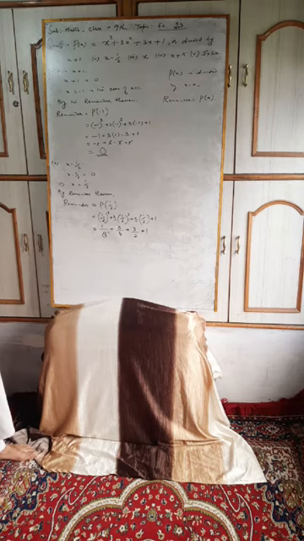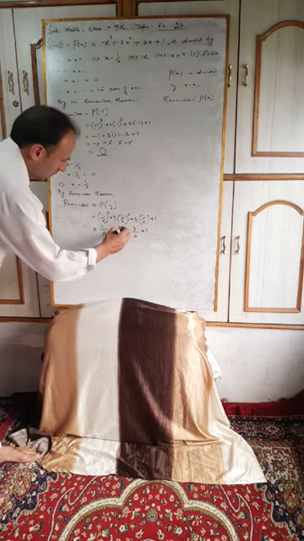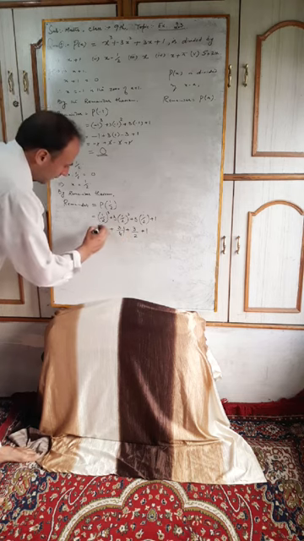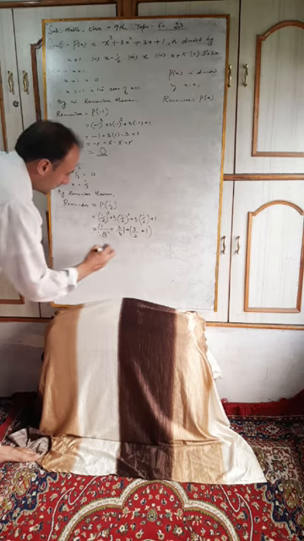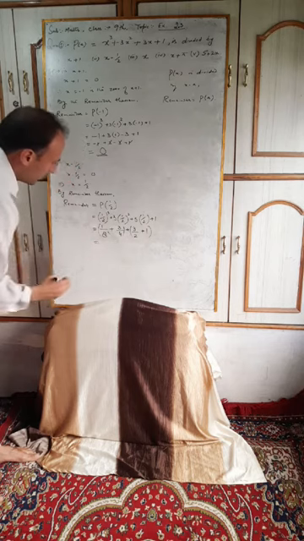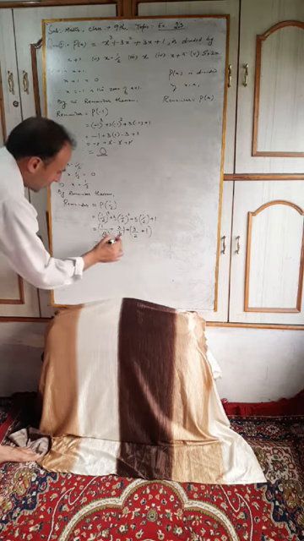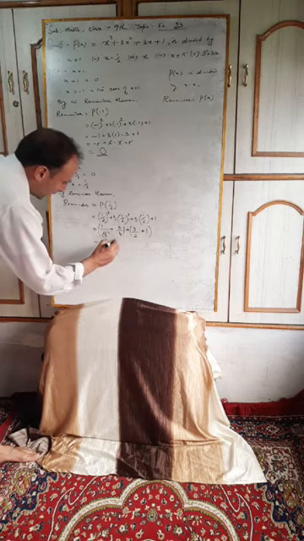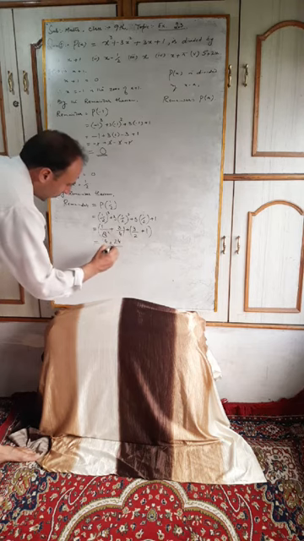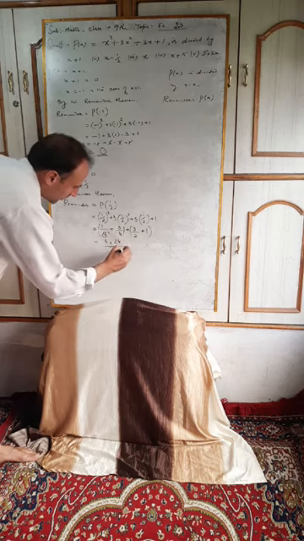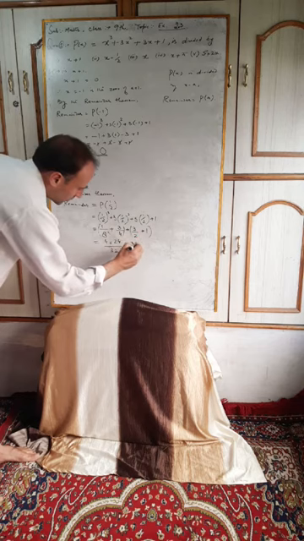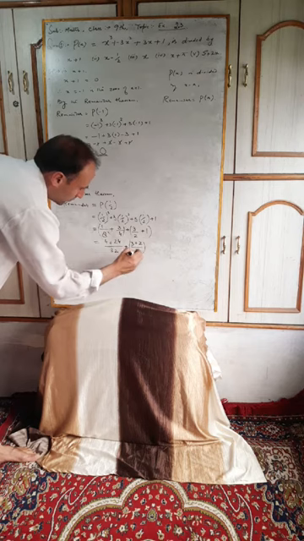Now we will cross multiply these separately. 1/8 + 3/4: 4 ones are 4 plus 8 threes are 24, divided by 8 fours are 32. Plus 3/2 + 1: 3 ones are 3 plus 2 ones are 2, divided by 2 ones are 2.